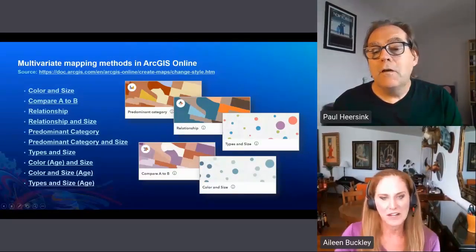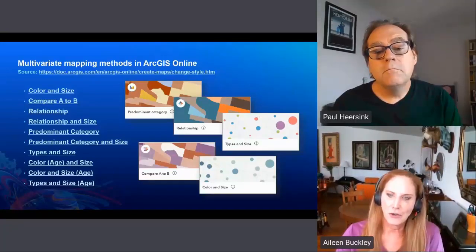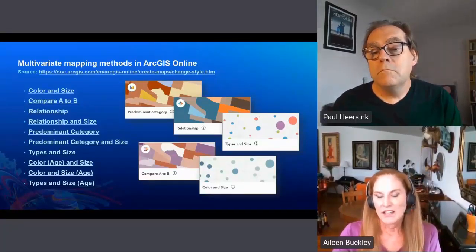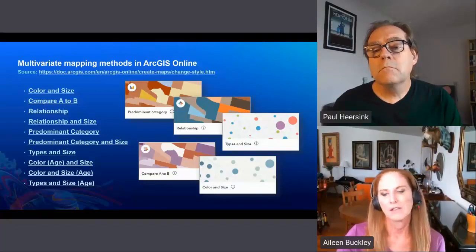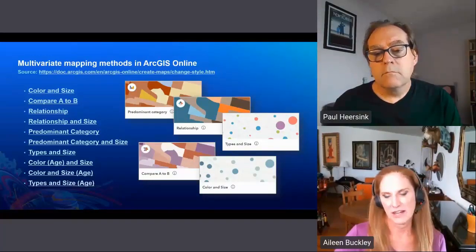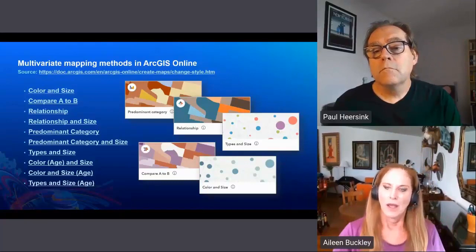While we're waiting for those answers to come in, a couple of these things are new, and a couple of them are not even available in ArcGIS Pro. For example, you can't do predominant mapping in ArcGIS Pro right now.